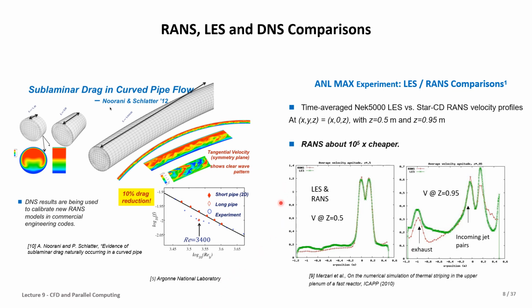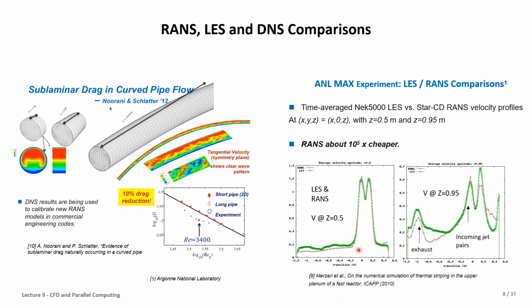This is an example for a tank which is refilling, and for the refilling there is a simulation with LES and RANS to do the comparison with the available experiment. From the solution here, we can see the green line is from LES and the red line is from RANS.